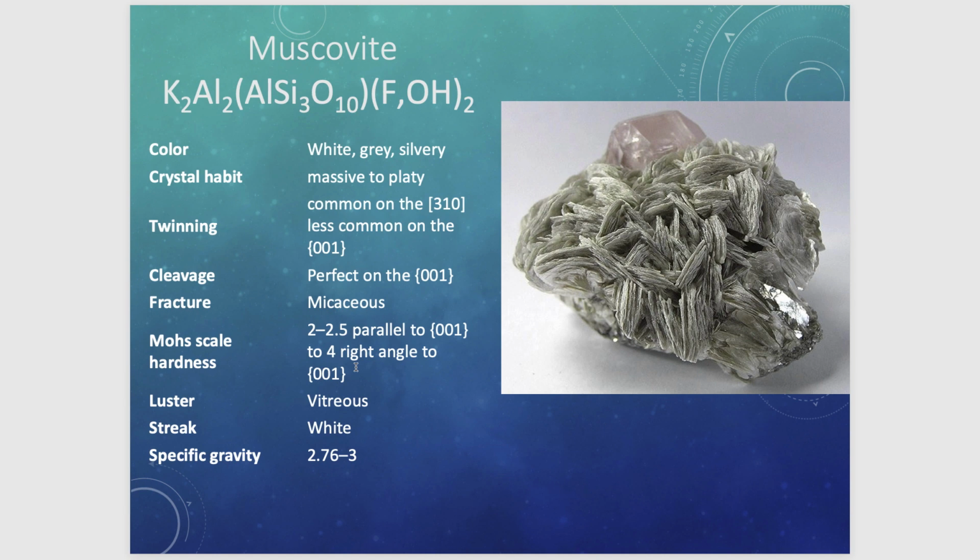So you can scratch the 001 surface quite easily. So there is a huge difference in hardness, and also the habit is more platy, and as a consequence of that, it's very easy to tell apart this type of phyllosilicate from quartz, feldspars, and other minerals.